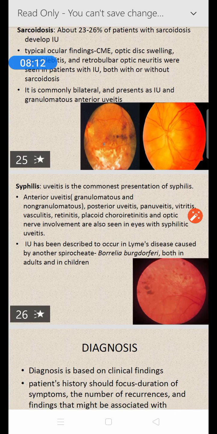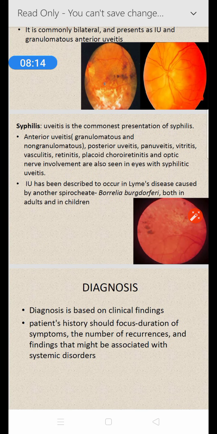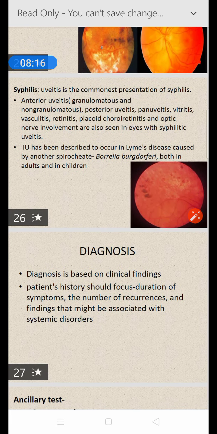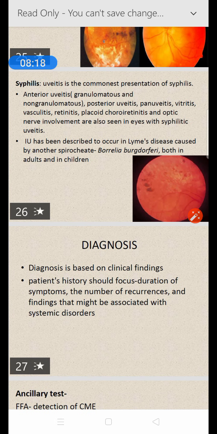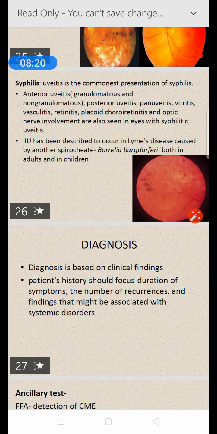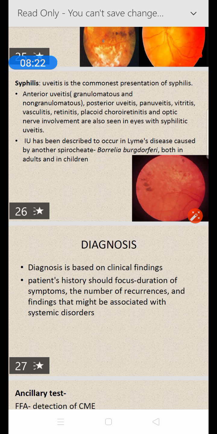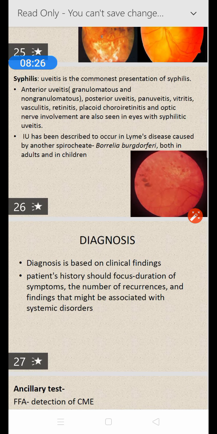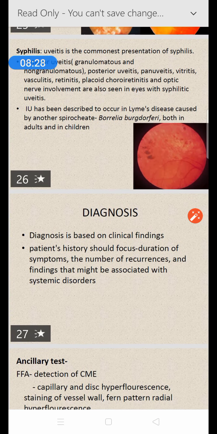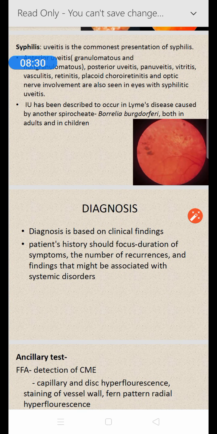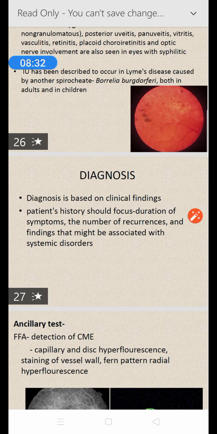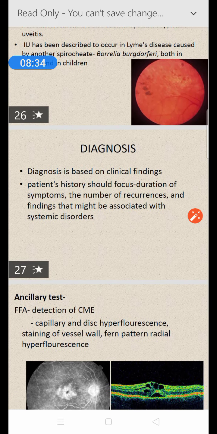Coming to the diagnosis, it is usually based on the clinical findings and the patient history, which should be a prime focus to know whether it is primary or secondary, acute or chronic, depending on the duration, symptoms, number of recurrences, and findings that might be associated with a particular systemic disorder.